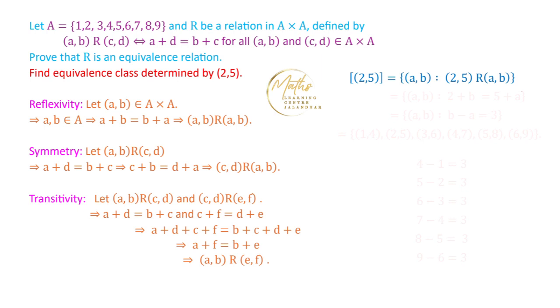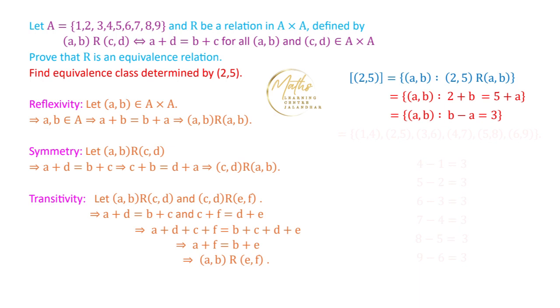By the definition of this relation, we are interested in those elements (a, b) for which 2 plus b is equal to 5 plus a. Solving this, we obtain those (a, b) for which b minus a is equal to 3.